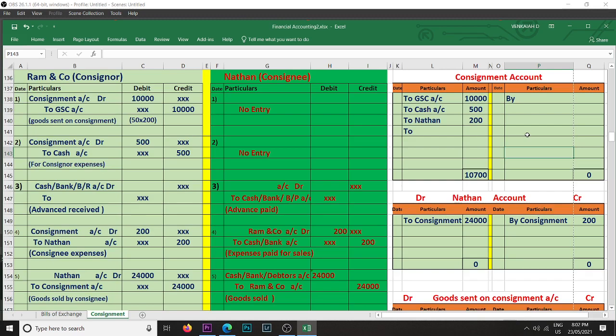So 12,340 is the profit. So profit and loss account. The journal entry was already written without amounts. That entry is consignment account debit to profit and loss account, 12,340.